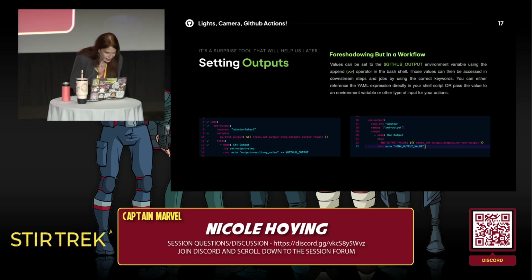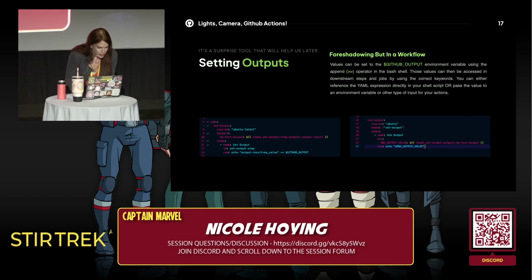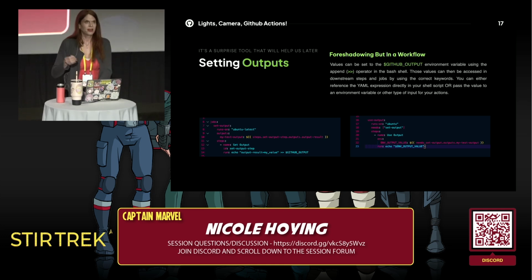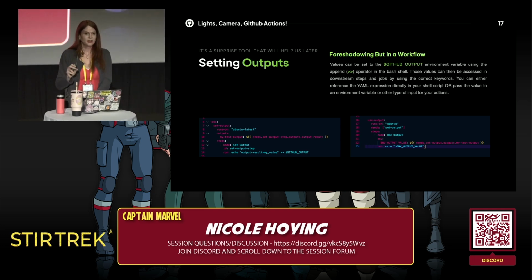If you look at lines 9 and 10 in the code, we're referencing our steps, and then we reference the step ID, which is the set output step. Inside of that, we have an outputs object that lists all the outputs that the step can produce. And if you look at line 14, that's where we're actually pushing out to the environment variable.